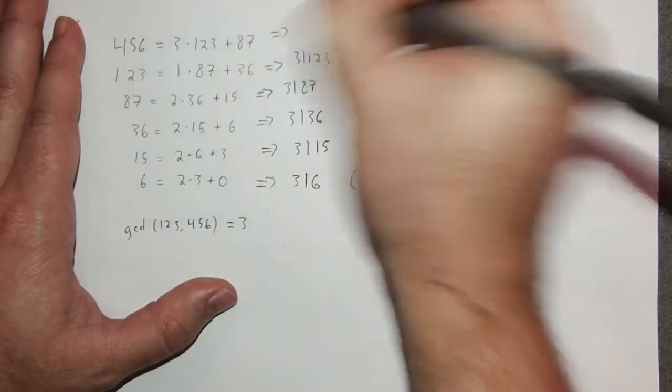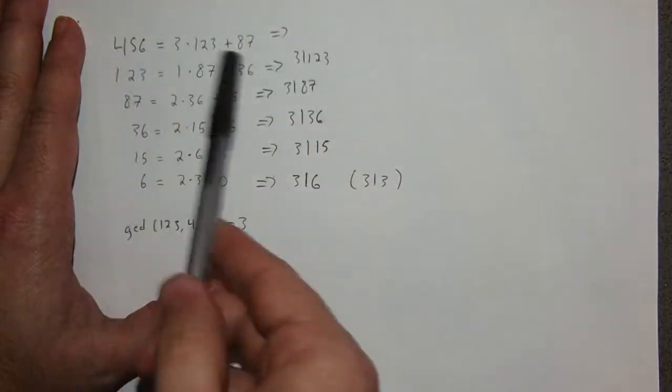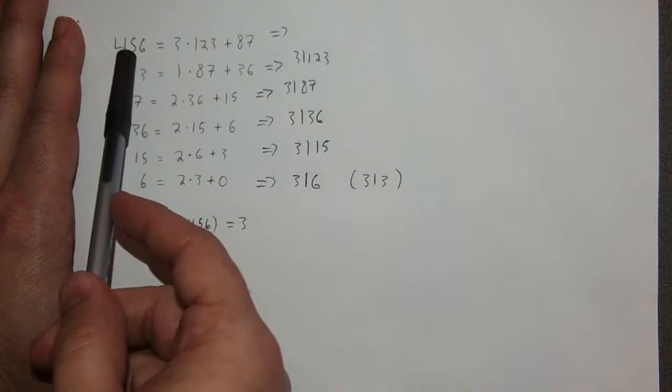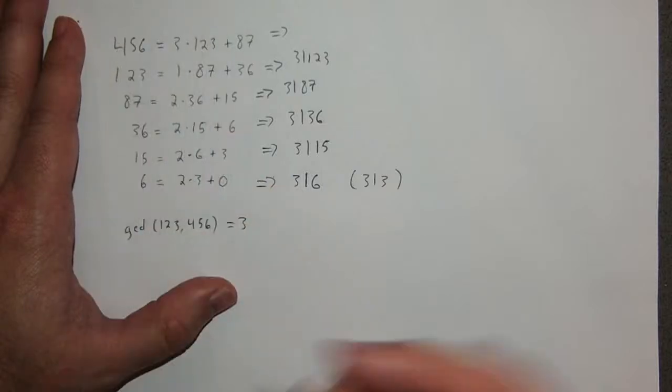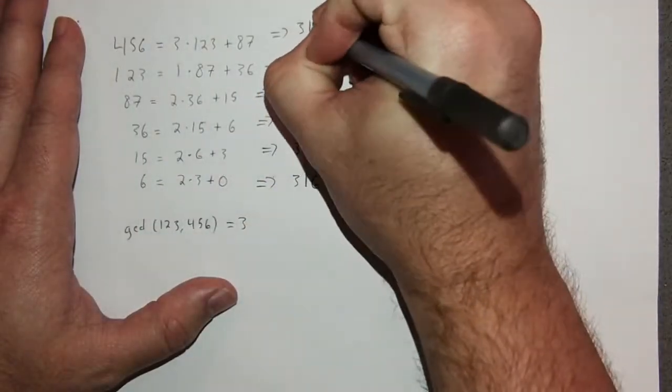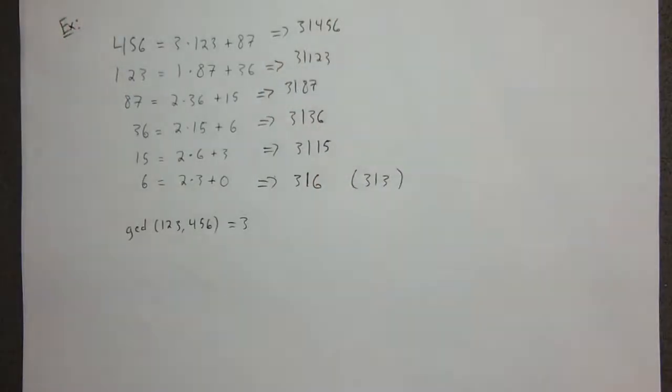Lastly, this first application of the division algorithm tells me that 456 is a linear combination of 123 and 87, so 3 divides 456. Now, question: what have I shown here? I have shown that 3 is a common divisor of those two, right?